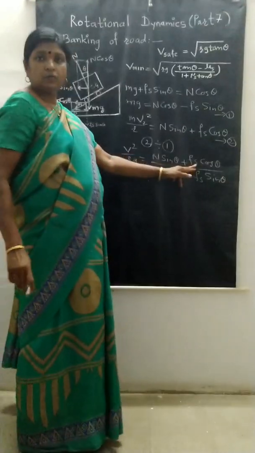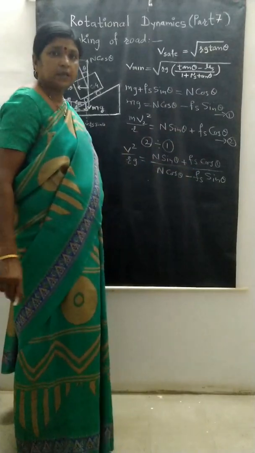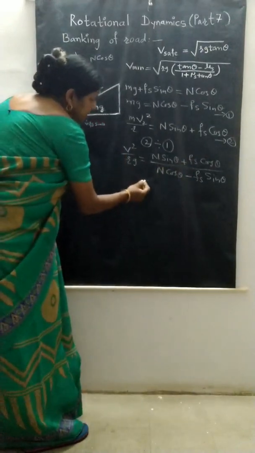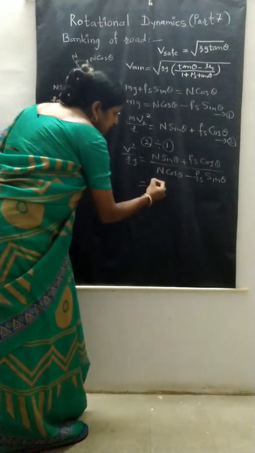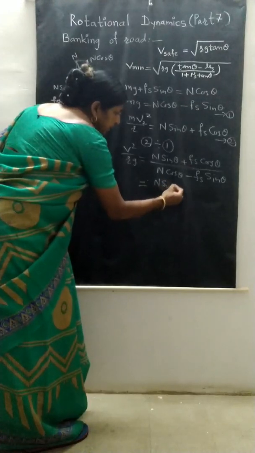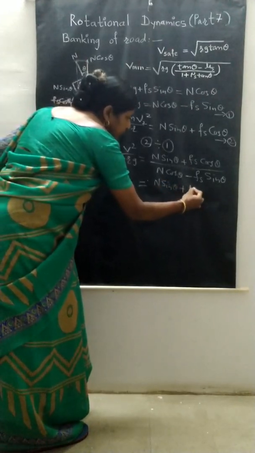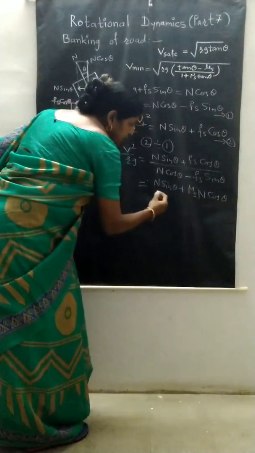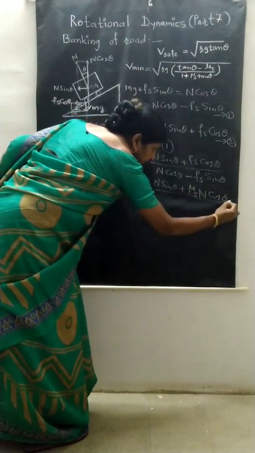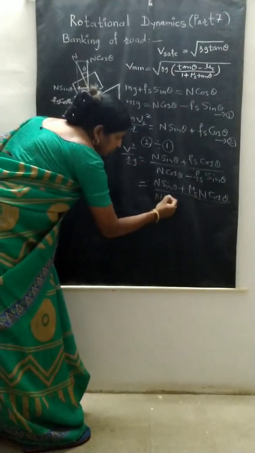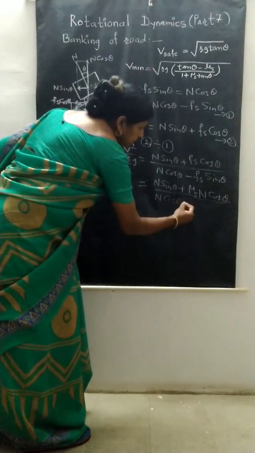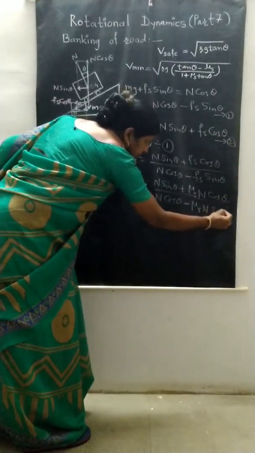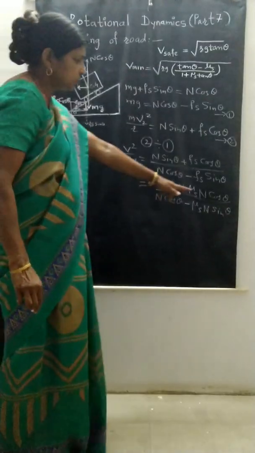Now the maximum value of this frictional force is mu s into N. We shall substitute here N sin theta plus mu s into N into cos theta divided by N cos theta minus mu s N sin theta. N is common, so it will cancel.